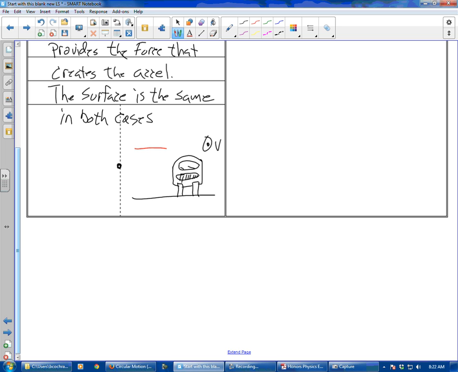So the acceleration needs to be in that direction. It's going to have weight down and the normal force up. And it will have a frictional force in that direction. And that's the force that's going to provide the centripetal force, so the force towards the center that's needed to create that acceleration.